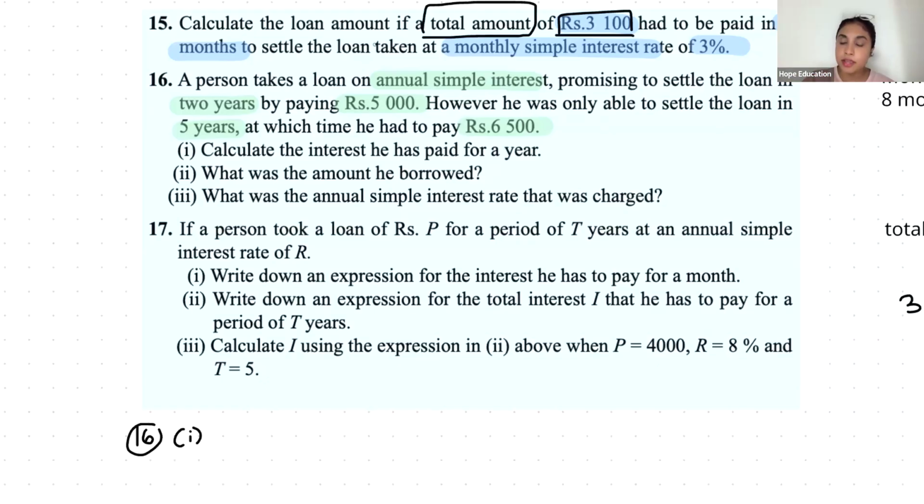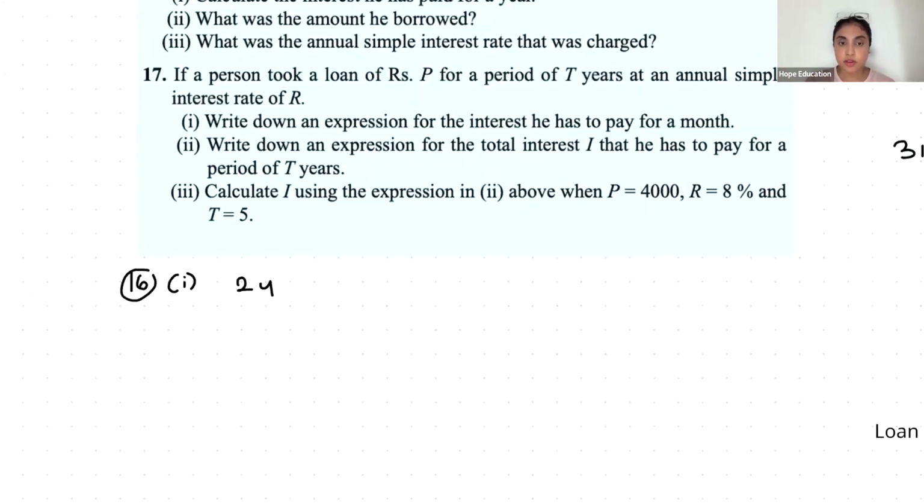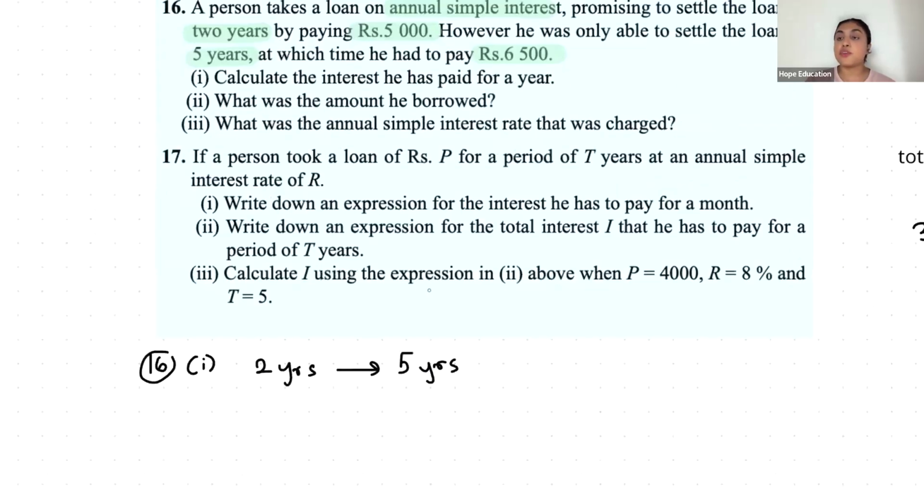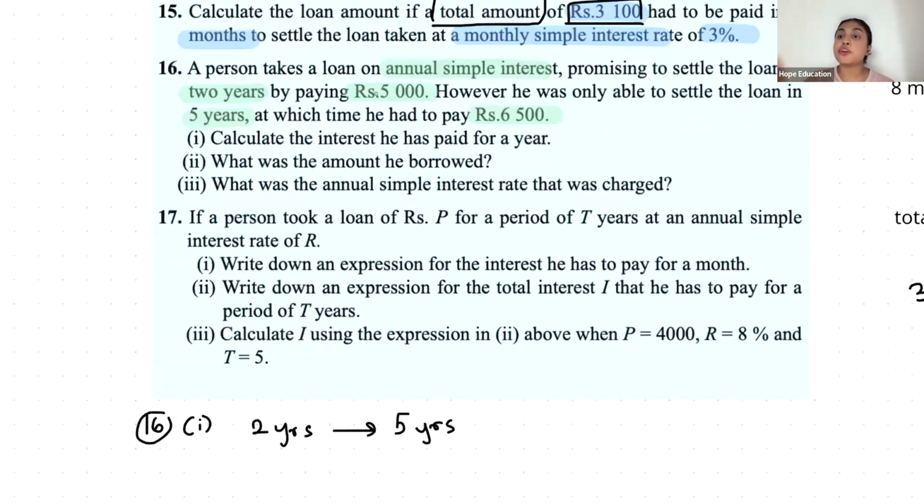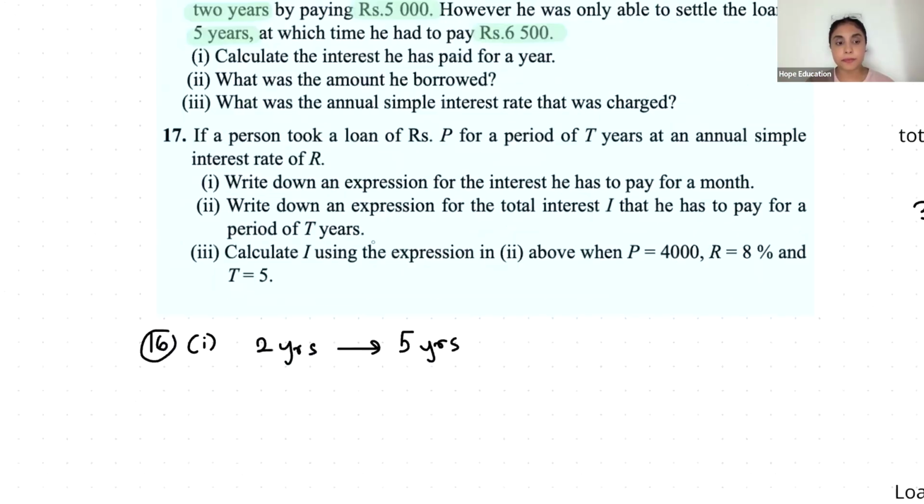So from 2 years to 5 years, how much has the total amount increased? If it was paid in 2 years, he only had to pay 5,000. But now he's paying in 5 years, he has to pay 6,500. So what is the extra that he's paying?